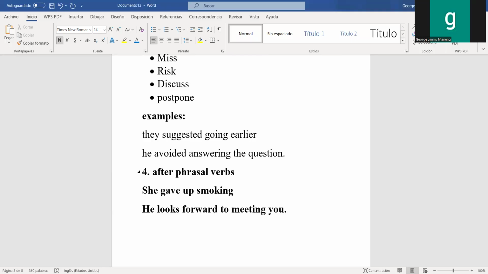The particle to there is working because of the phrasal verb, it is not working with the verb meet. It's not to meet. It's looks forward to. Okay, we're gonna underline this. This is just a phrasal verb, and then we got the verb meet with the ing form. Okay, questions, folks?